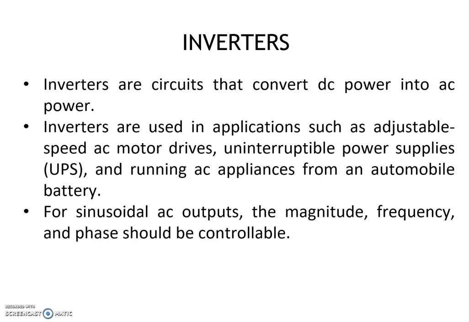They consist of controlled switches, and these controlled switches require forced commutation for proper operation. In this module, we will discuss these forced commutated inverters. That is the difference between the phase controlled converter and the voltage source and current source inverters.